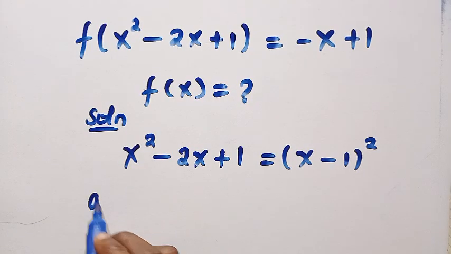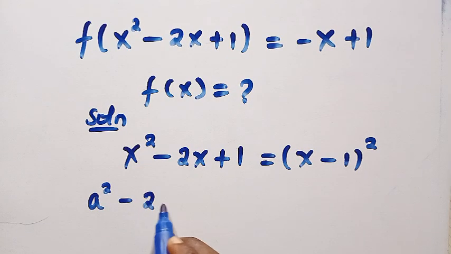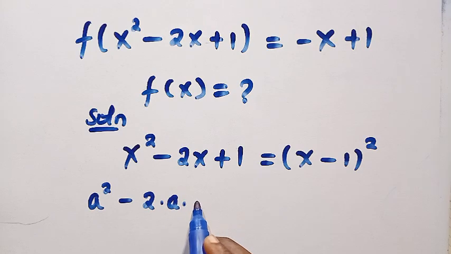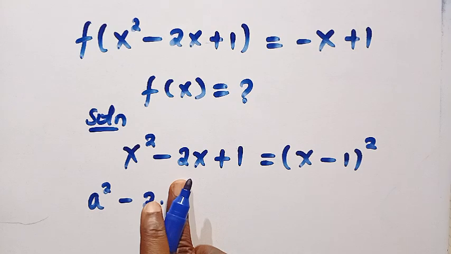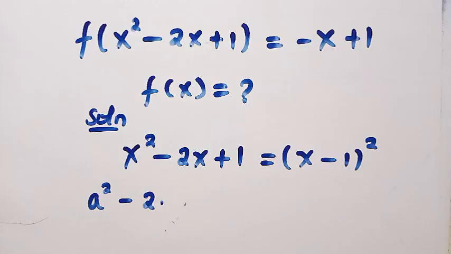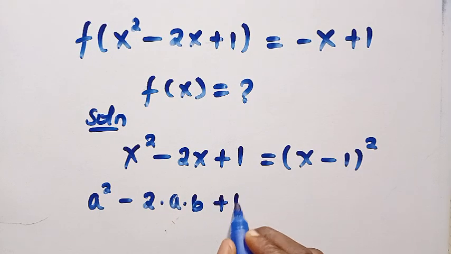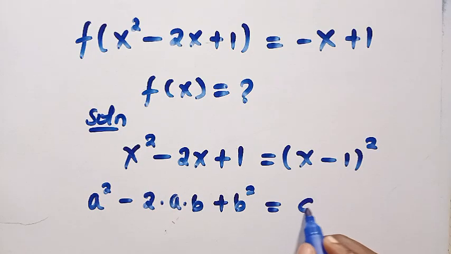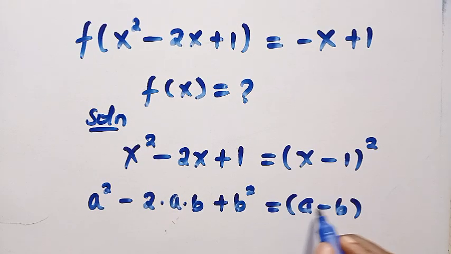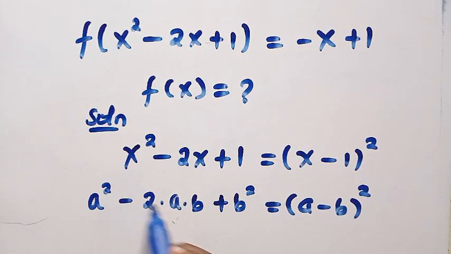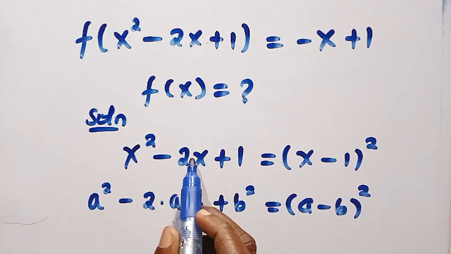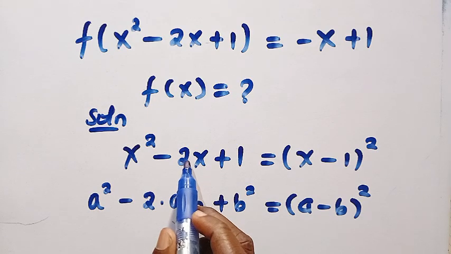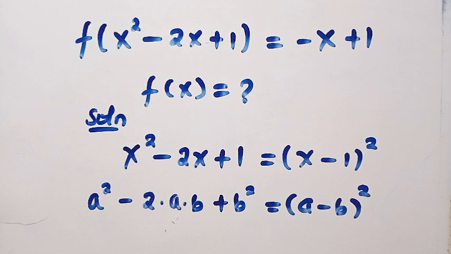If I compare this with a squared minus 2 multiplied by a multiplied by b, then plus b squared, this equals a minus b raised to the power of 2. If our a is x and b equals 1, this is what we are going to get. But how do we get this 1 here? Just by multiplying 2 by 1, so we get this.